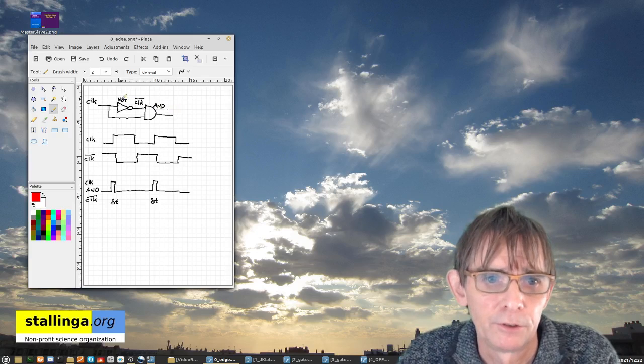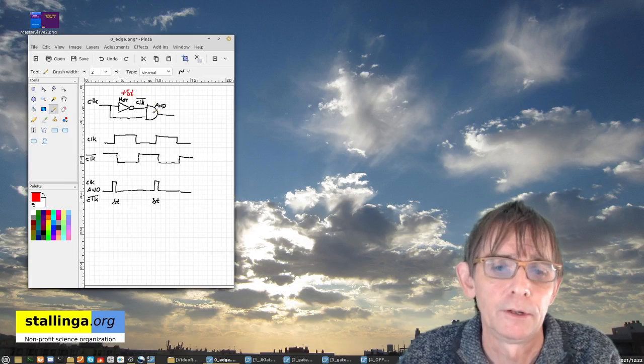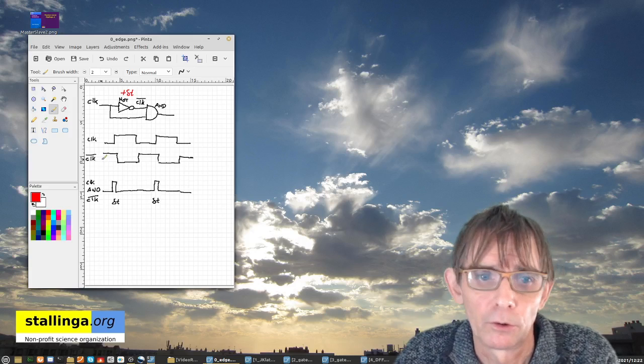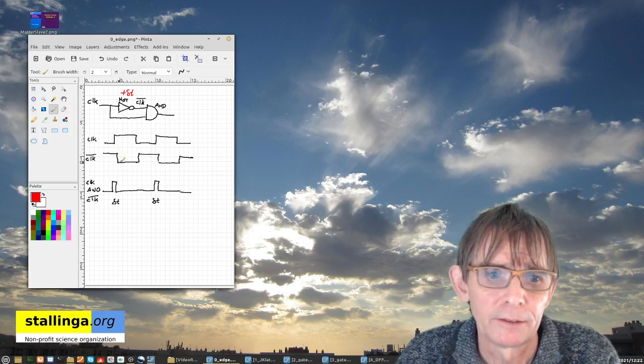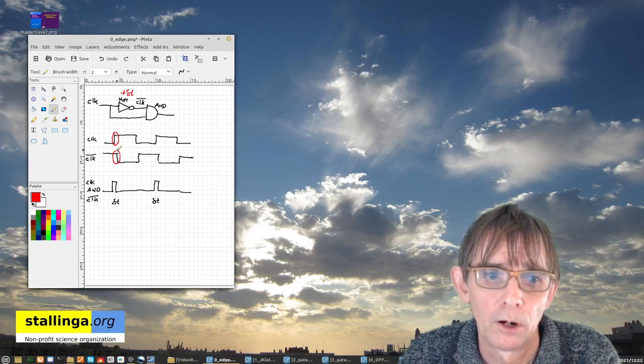However, this NOT gate also introduces a small delay, a small delta t, let's call it. The NOT clock is a little bit later than the clock itself. So we have a very short time in which both the clock and the NOT clock are 1.